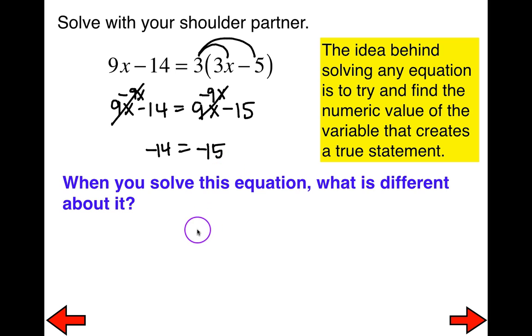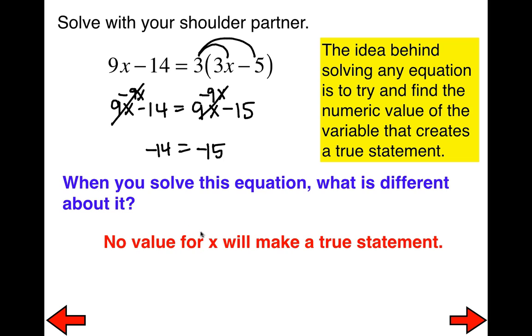So what does that mean? Well, it means that there is absolutely no value for x that will make this a true statement. Unfortunately, I know that in class I always ask you to check your work. That way you know that you have the correct answer for the equation.